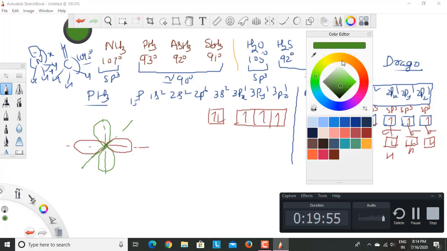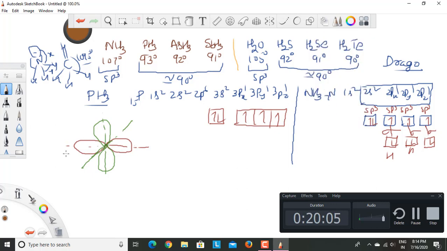So the x, y, and z-axes are like this in 3 coordinates, and these 3 coordinates are perpendicular to each other. So this is px, this is py, and this is pz.